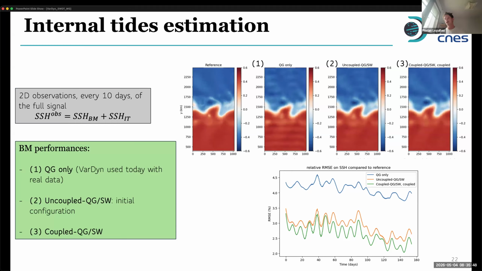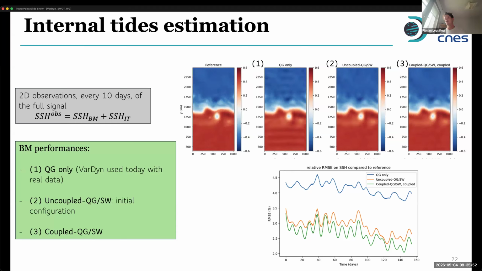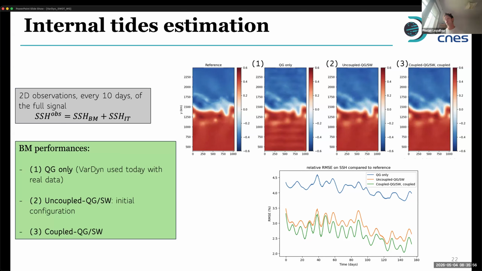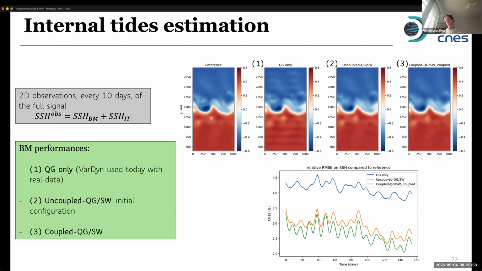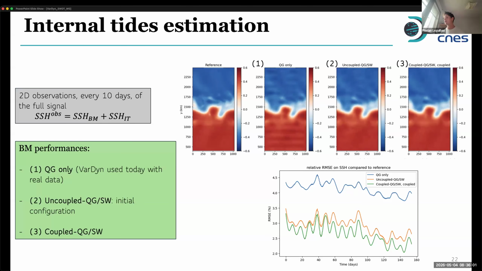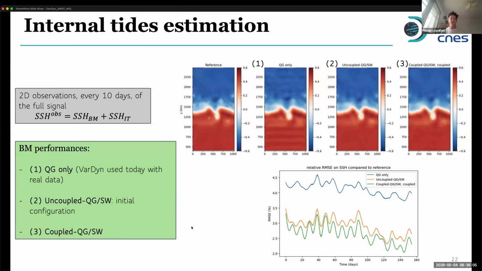We see that coupling the QG and shadow water gives improved performances even for the balanced motion. So it's not just for having accurate internal tide estimation; it's also for having a better balanced motion estimation.